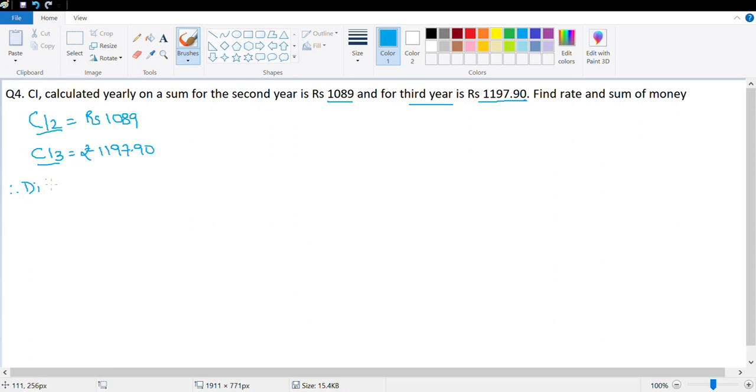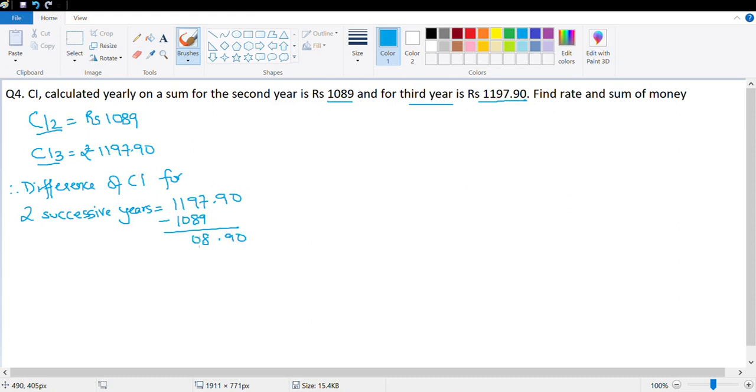Therefore, the difference of compound interest for 2 successive years is equal to 1197.90 minus 1089. That's 0.90, 17 minus 9, that's 8, 8 minus 8, 0. So that's 108.90.